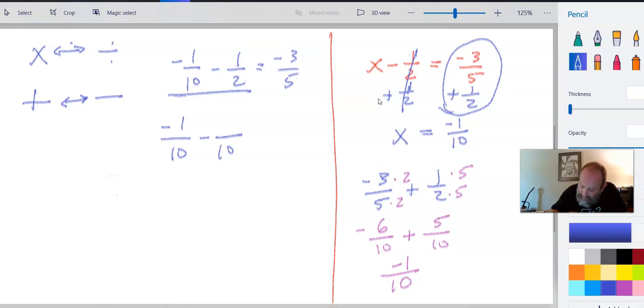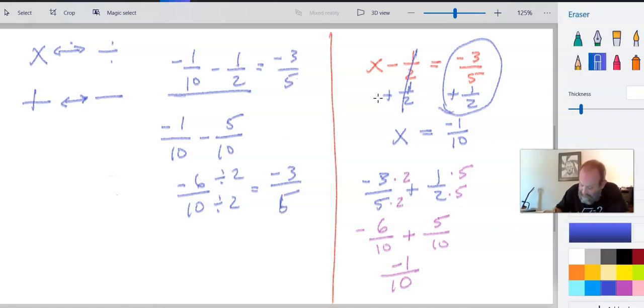Let's see here. Let's say that gives me 5/10. So negative 1 minus 5 gives me negative 6/10. And if I reduce that fraction by 2, I get negative 3/10, or 3/5, excuse me. I just work here, guys. Let's try this again.